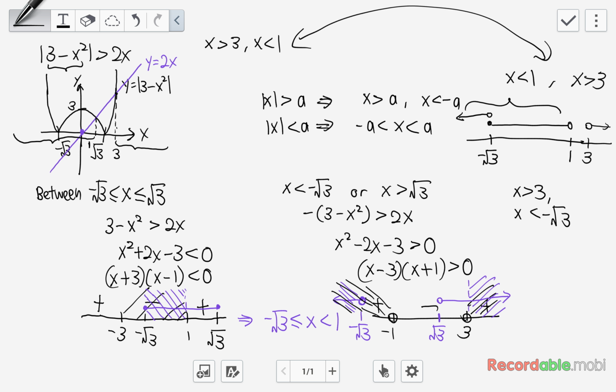Some of you might ask, why aren't we using just the overlapping regions? No, because you have to understand the nature of the graph here. Both of these parts satisfy the inequality. So if this is confusing for you, for inequality involving modulus, I would suggest that you just stick to using the graphical solution.